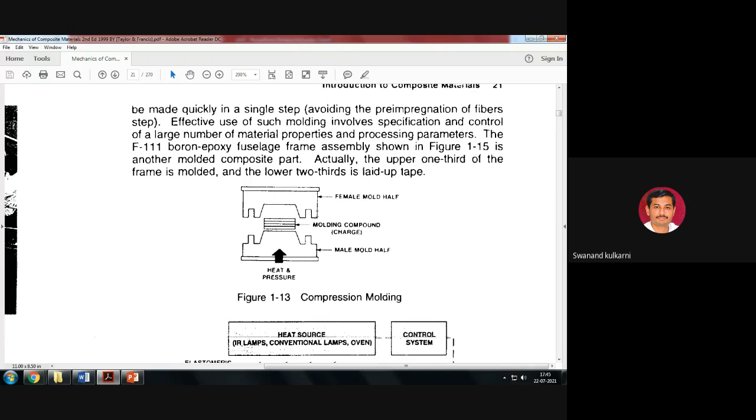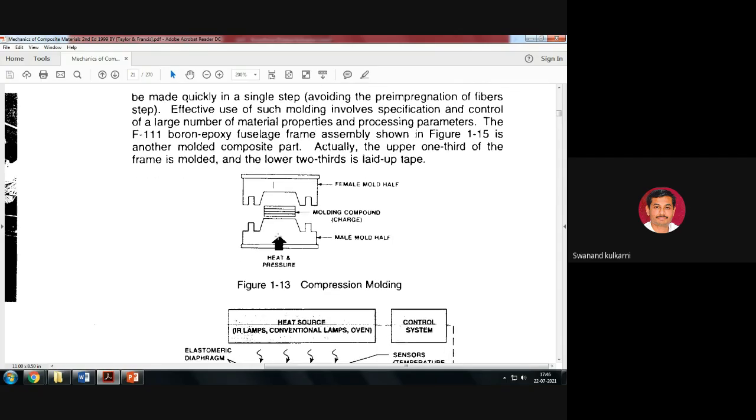So in compression molding, the charge is kept on this male mold half, and heat and pressure are applied. Pressure is applied on the female mold, but the male mold is heated. Once the pressure is applied, the compound or charge takes this particular shape.